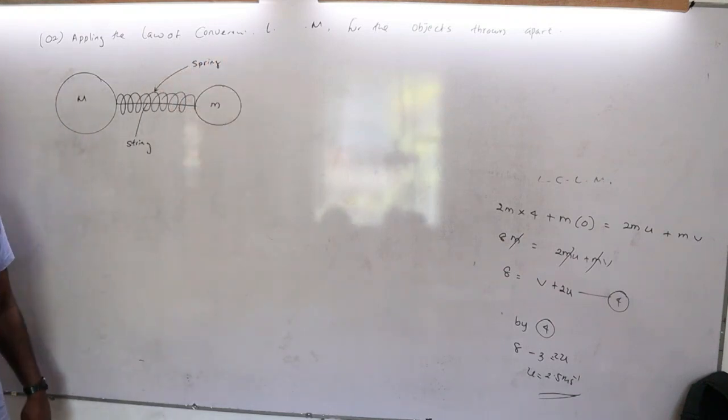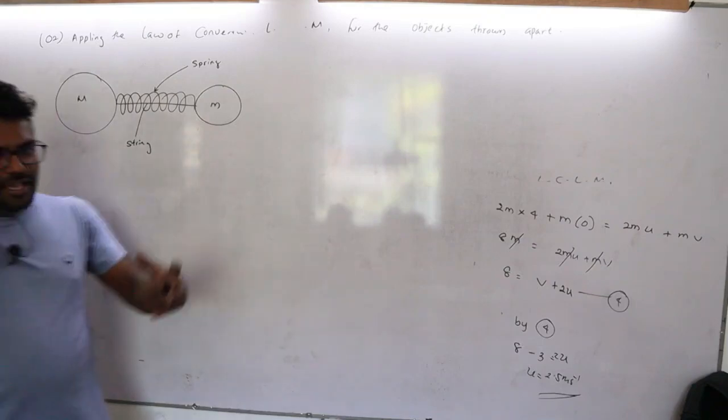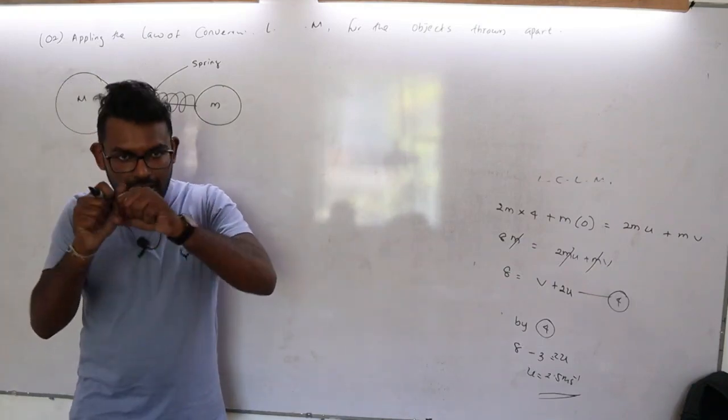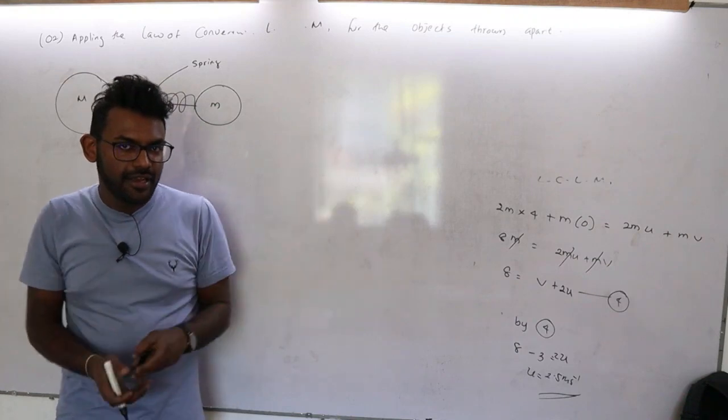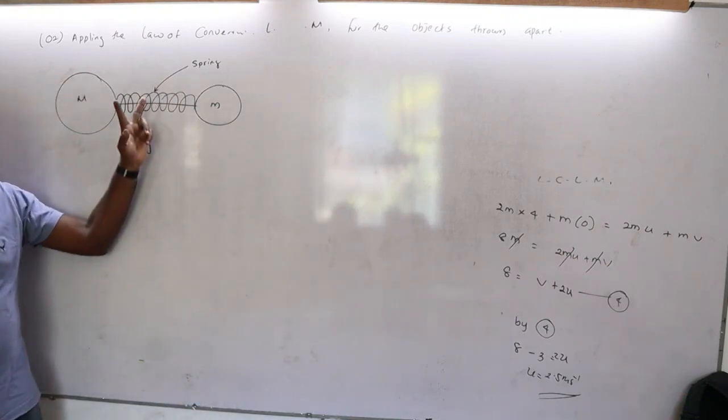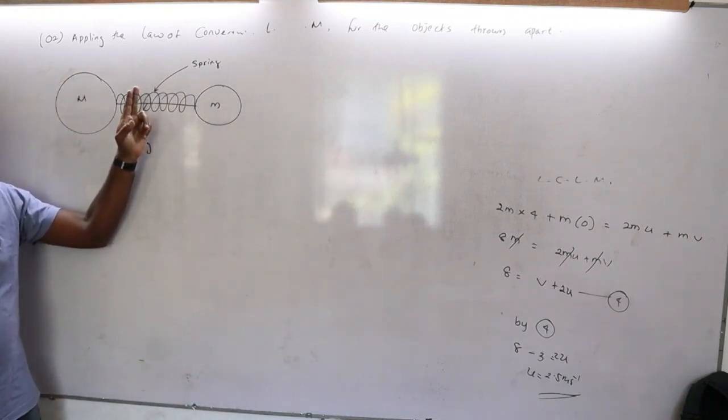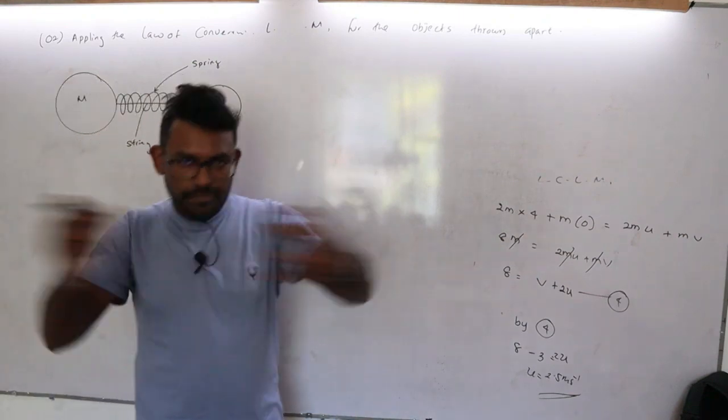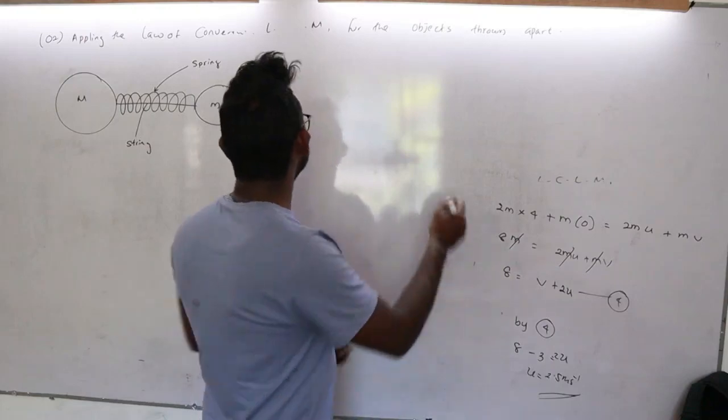I think it makes sense, right? Now the spring got compressed and the string is attached. Now what's going to happen if you cut the string? It's going to go toing like that, right? It's going to throw apart.